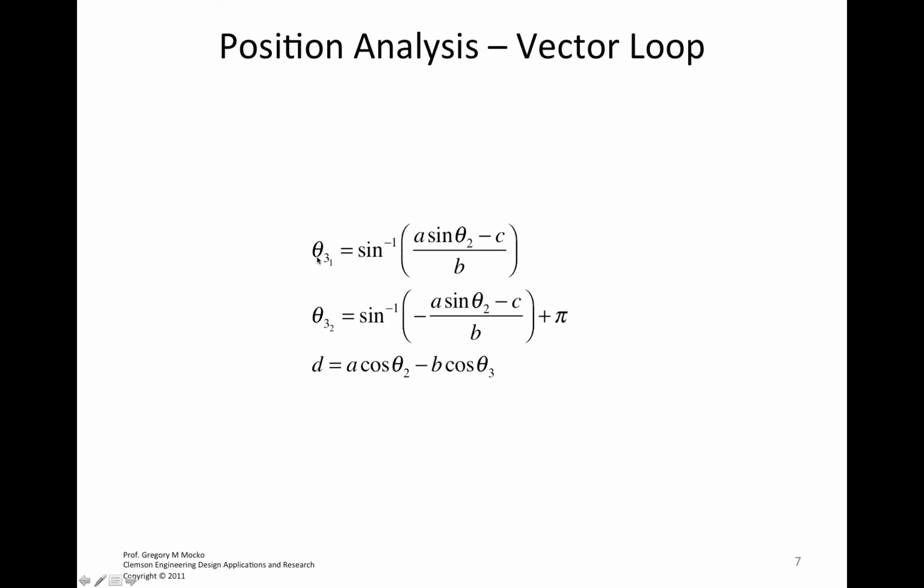And when we do, we get the following solutions. So the first thing we get is a value for theta 3,1 and a value for theta 3,2. What you'll notice is there's a 180-degree difference between the two.